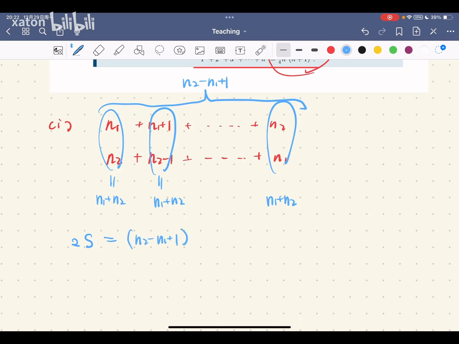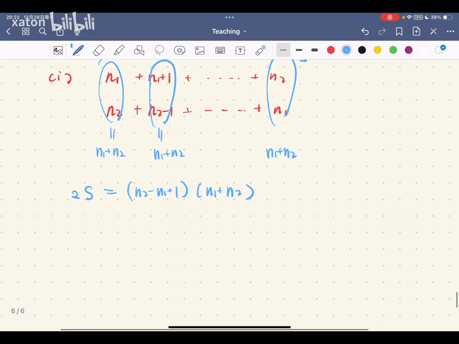So there are n2 minus n1 plus 1 pairs of n1 plus n2. Therefore, the sum should be exactly this. Quite trivial, right?